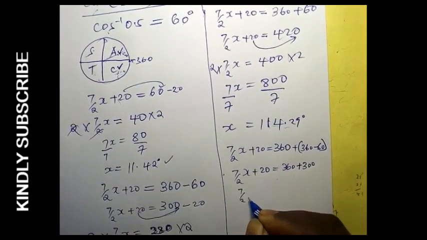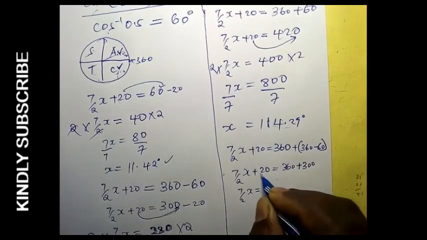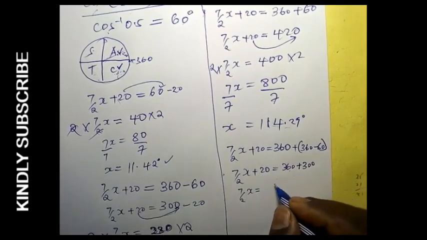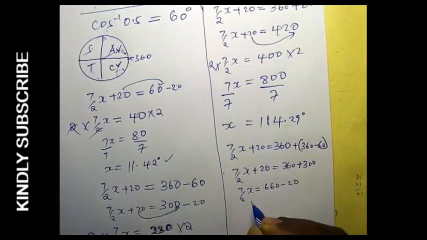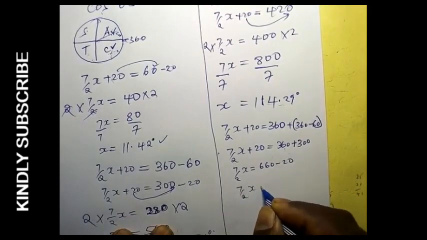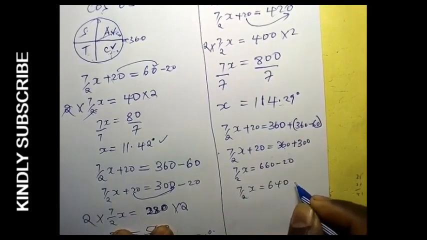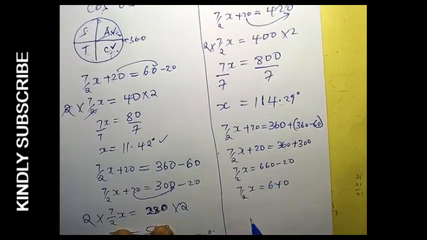Like terms together, 660 minus 20, so 7/2 x equals 640.